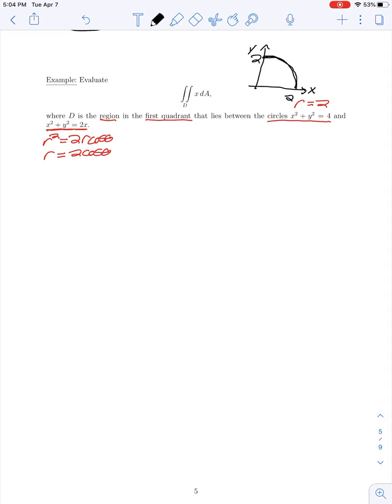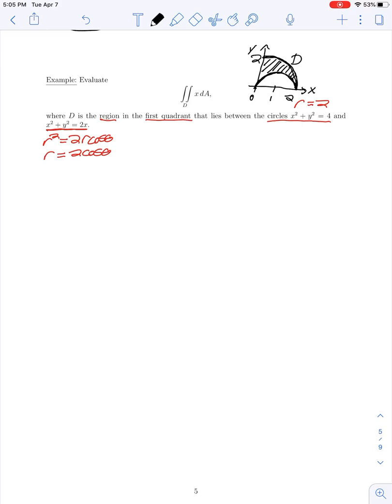And the other circle, which forms the edge of our region, was x squared plus y squared is equal to 2x, or r equals 2 cosine theta. So tracing out this circle using polar coordinates, we have a circle of radius 1 centered at the point 1, 0. So here, the region in the first quadrant bounded by those two polar curves or circles would be given by this shaded region.